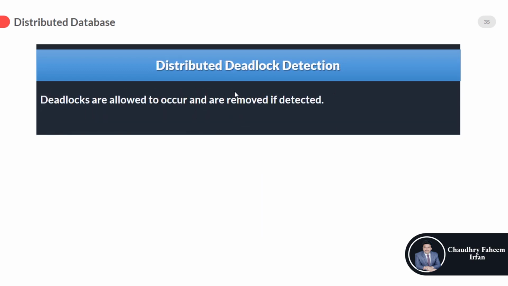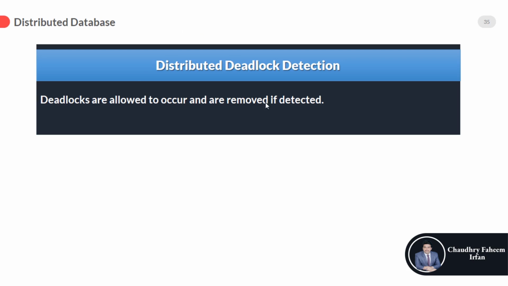Distributed deadlock detection. The system does not perform any checks when a transaction places a lock request, same as centralized database. For implementation, existence of a cycle in the global wait-for graph indicates deadlocks. However, it is difficult to spot deadlocks since transactions wait for resources across the network.